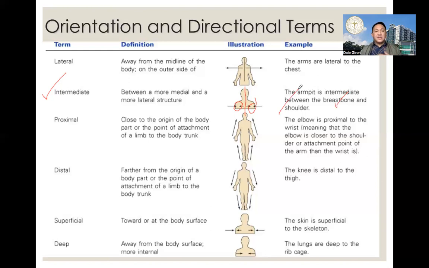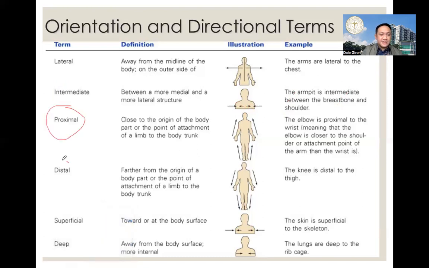So Doc, saan po ba yung breastbone dito? This is the shoulder. Between the breastbone and shoulder, intermediately is the armpit. Right? Right armpit, left armpit. Usually yun lang naman yung isa sa mga structures that are described when we use the intermediate term. Okay? Next.